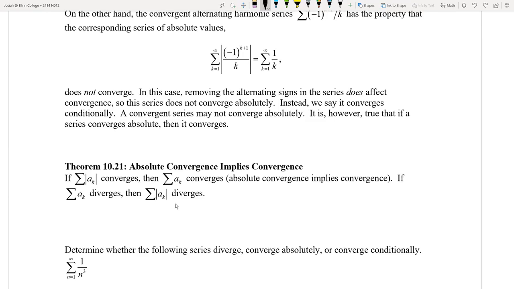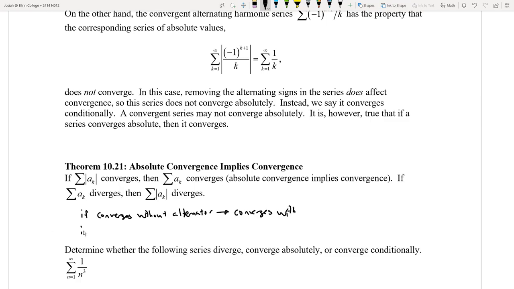Sorry, other way around. If it diverges with the alternator, then it will diverge without the alternator. Let me go ahead and state that. If it converges without the alternator, then it converges with.